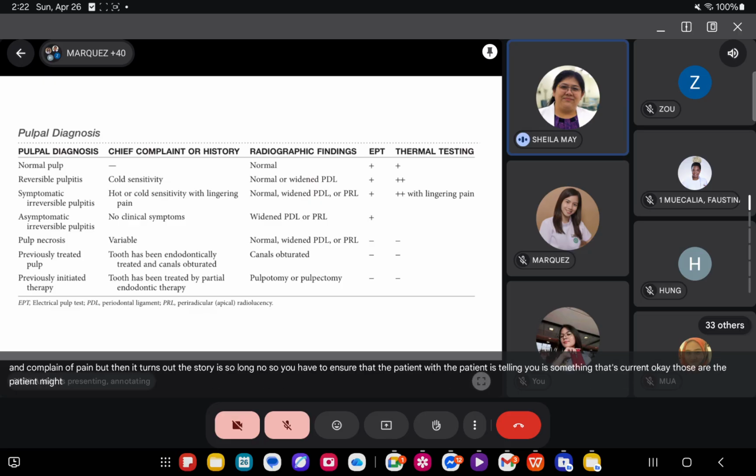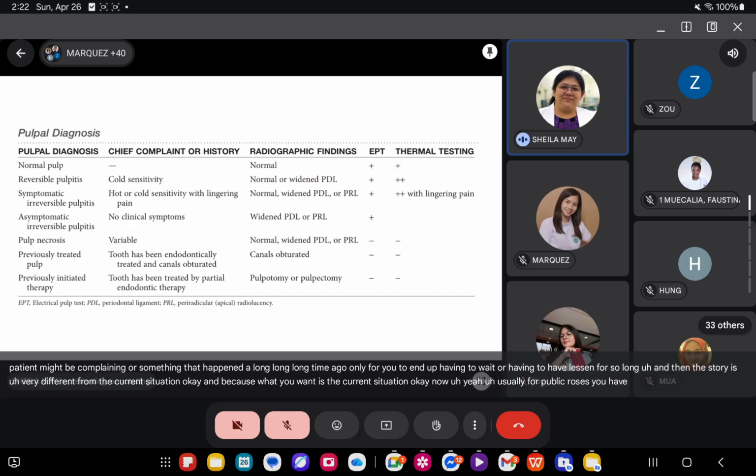The patient might be complaining of something that happened a long time ago, only for you to end up having listened for so long, and then the story is very different from the current situation. Okay, and because what you want is the current situation. Now, usually for pulp necrosis, you have a variety of possible radiographic findings.